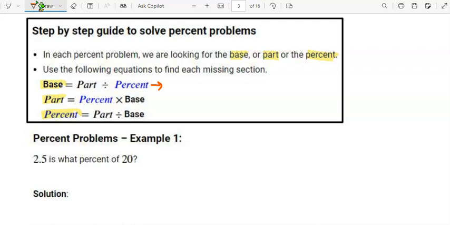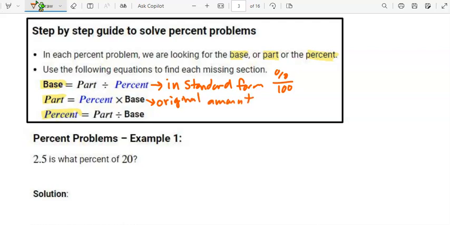Percent needs to be in standard form, which, remember, again, is the percent that they give you over 100. The base is the original amount. And the part is the new amount.